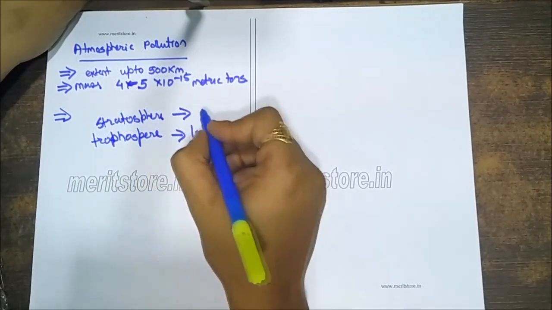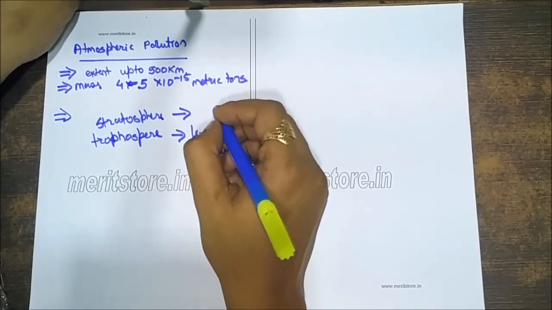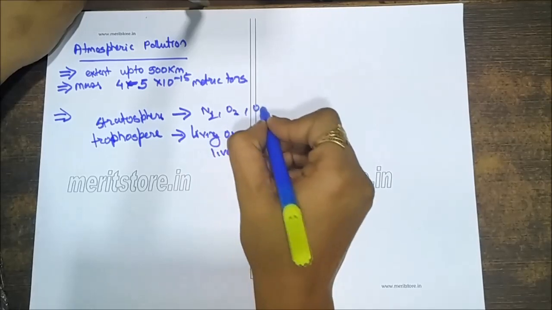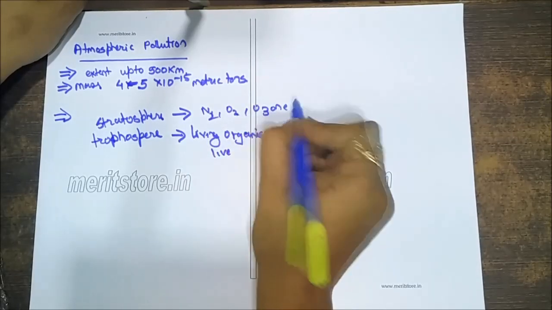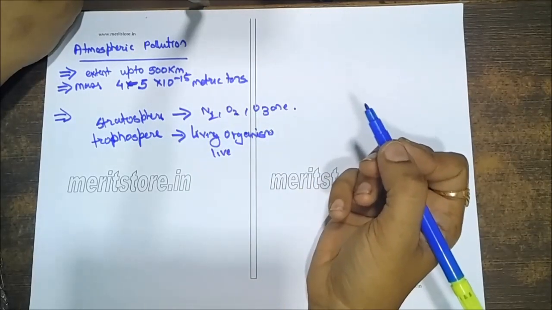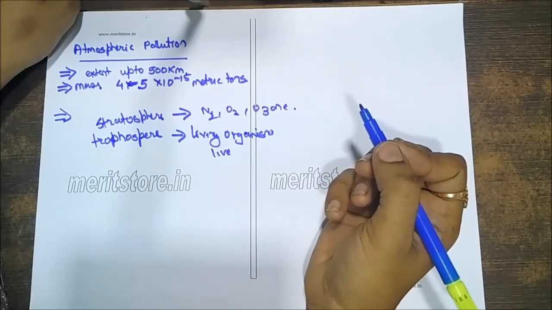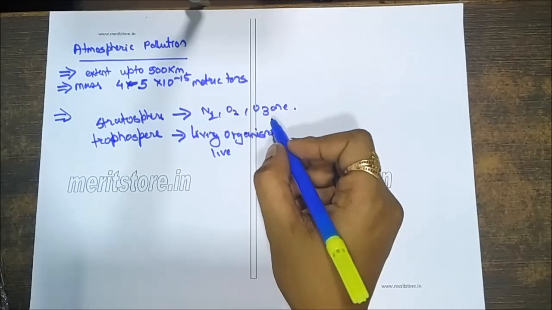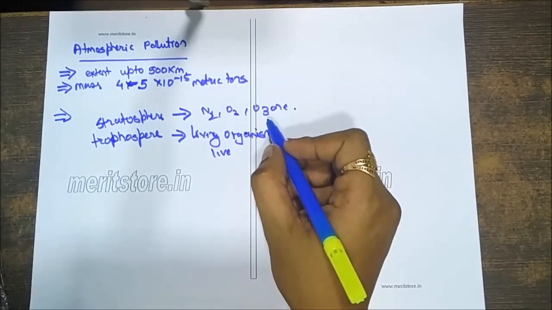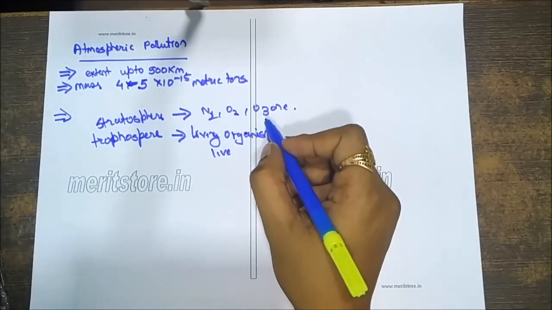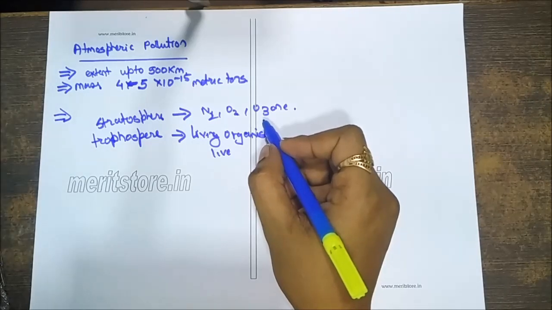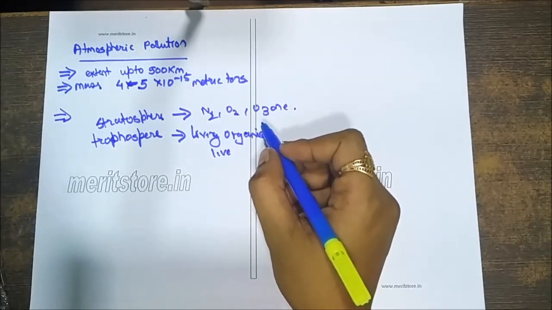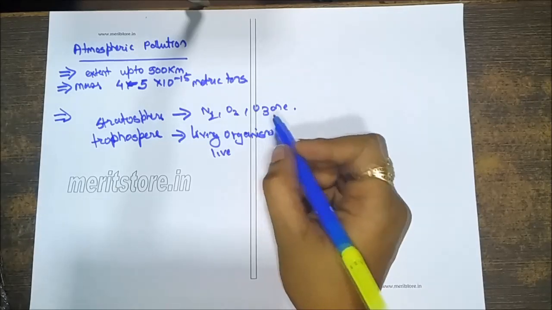This stratosphere consists of nitrogen, oxygen, ozone, and very little water vapor. Ozone, as we know, is very important because it protects us from harmful UV radiations emitted from the sun. We are going to study ozone depletion, how ozone is protecting us, and how we can prevent its depletion in detail in the latter part of the chapter.